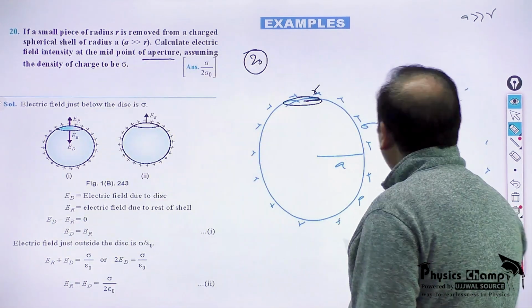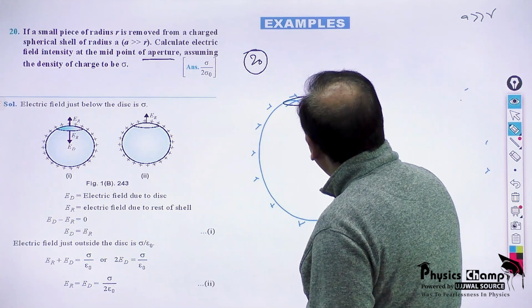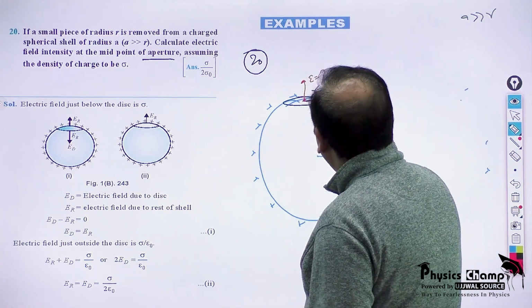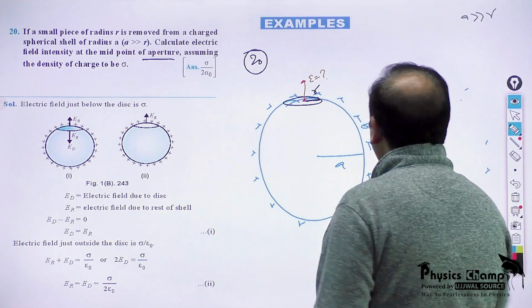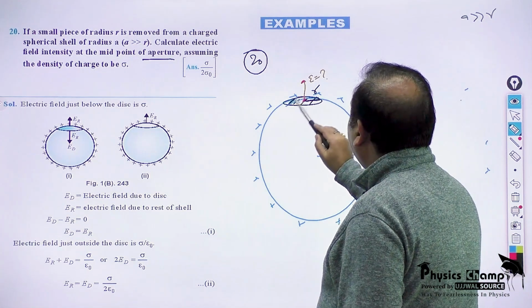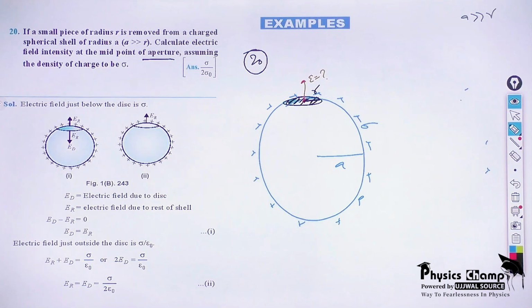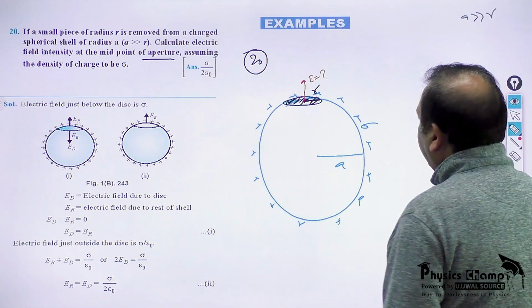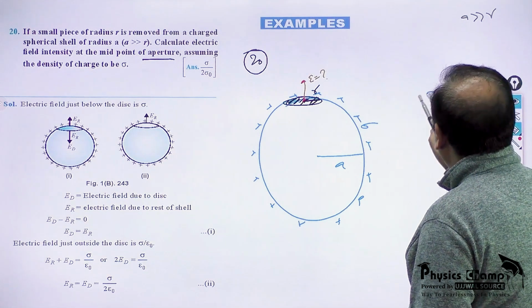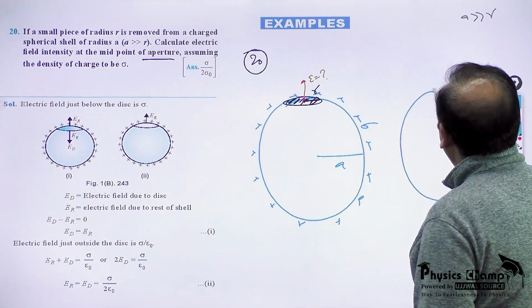So how much will be the electric field at the midpoint of this aperture, in this situation when this part of radius r is removed? So I am just drawing it again in a normal situation.